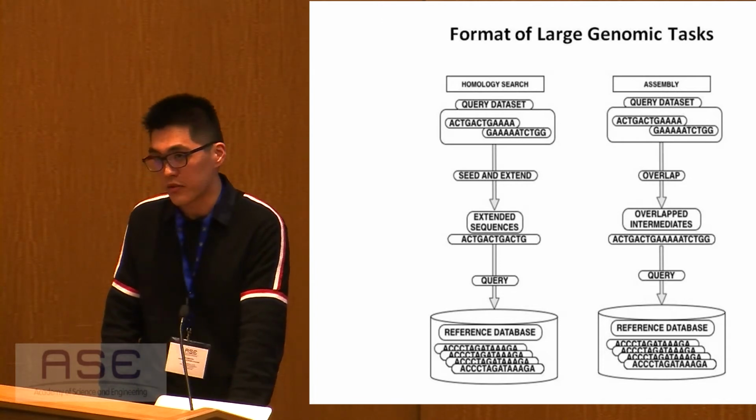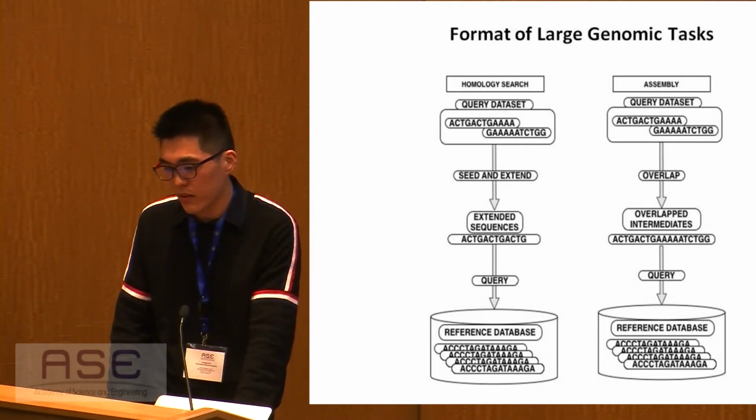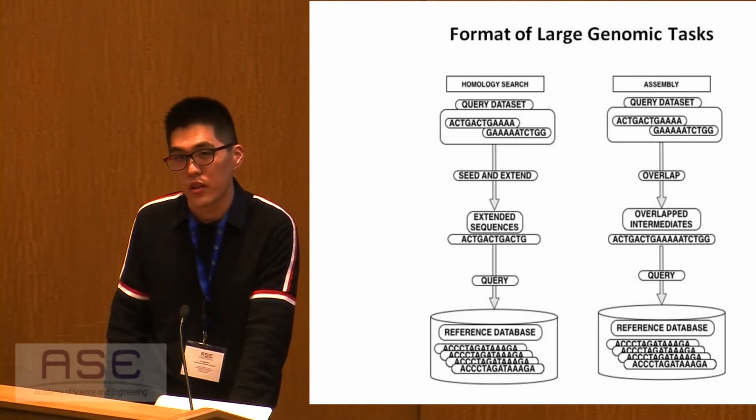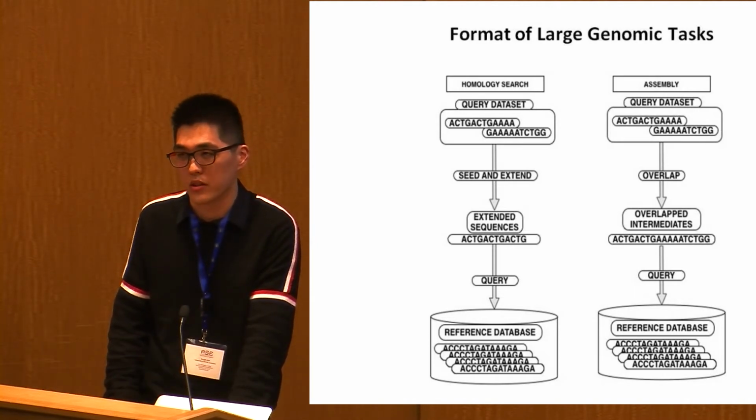The problem is these very, very large databases and models in genomics, and the amount of computation, it's too large for a single machine, so we tend to distribute it across the cluster.